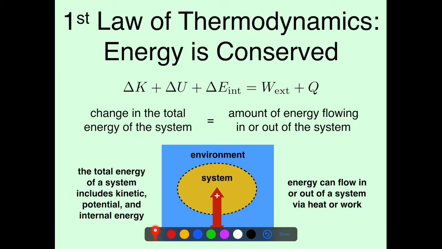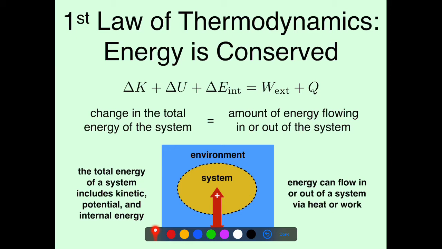On the right-hand side, what we have is work, the work done by external forces, plus heat. So these are just different ways that energy can flow in or out of the system, right? You can have energy flowing in or out of the system through work or through heat.